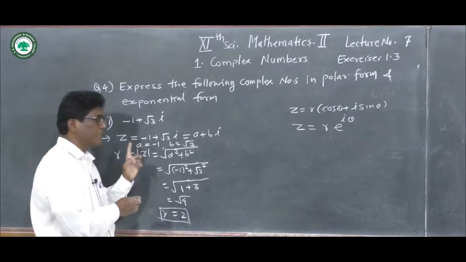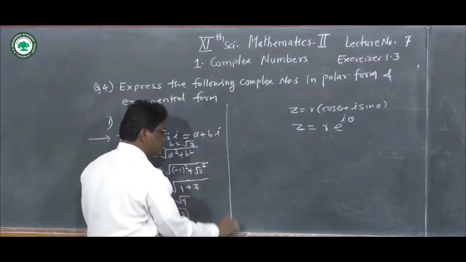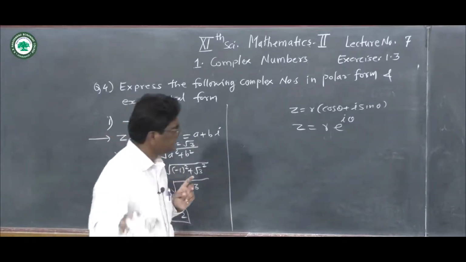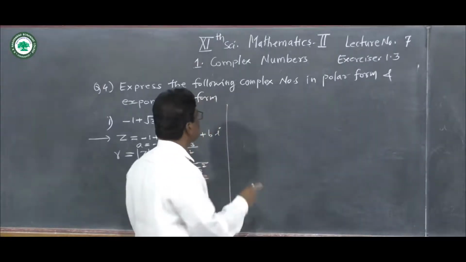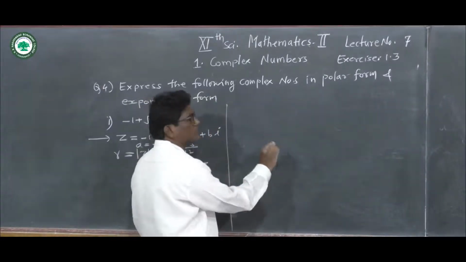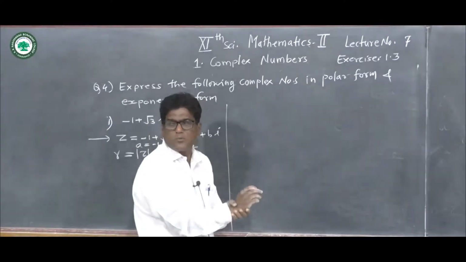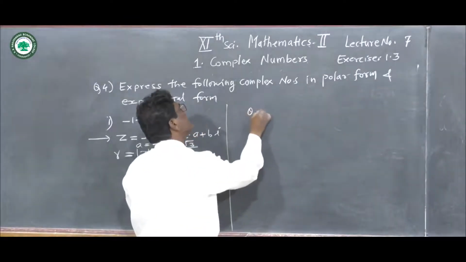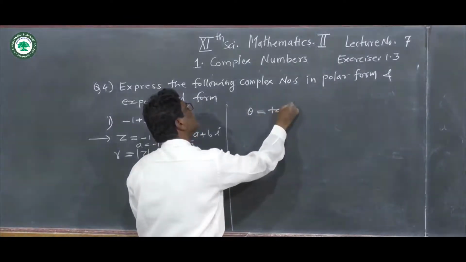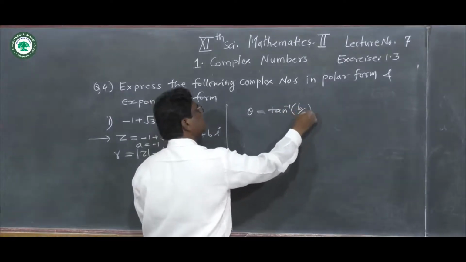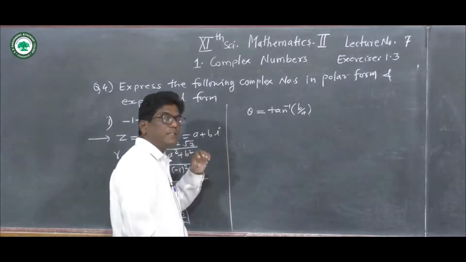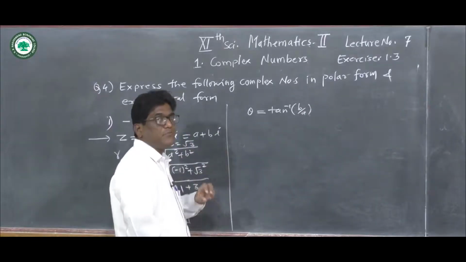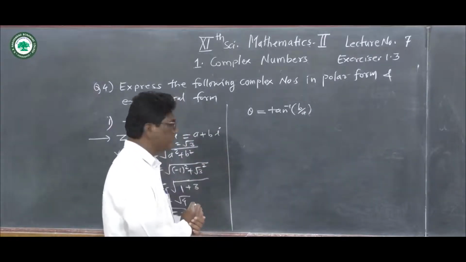Now we want to find theta. So theta, that is the amplitude, or we may call it the argument of complex number z. So theta is equal to tan inverse of b upon a. And now write down in which quadrant the point lies.